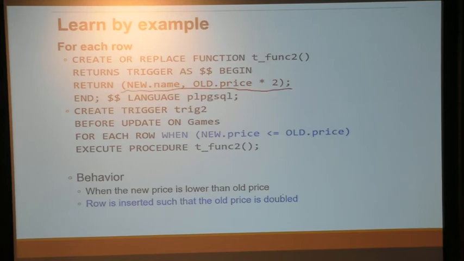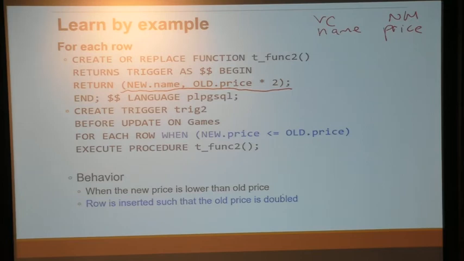So again, remember, how does my relation look like? My relation has a name and a price. This one is a varchar. This one is a numeric. I must return exactly that tuple. The value can be different, but the structure must be the same. Then I can modify the value.